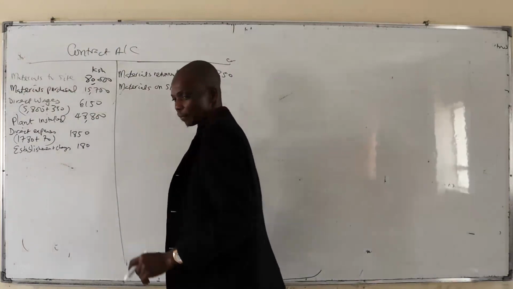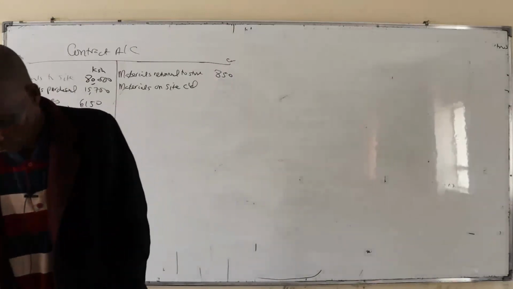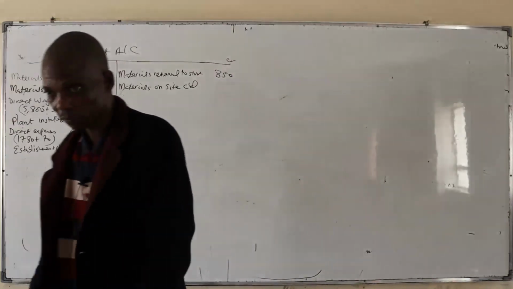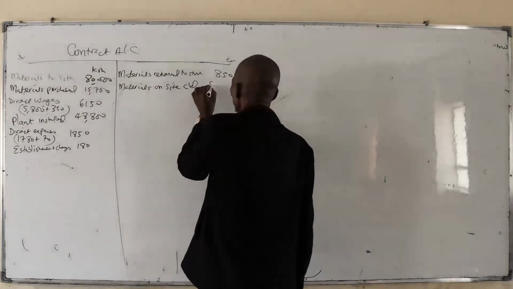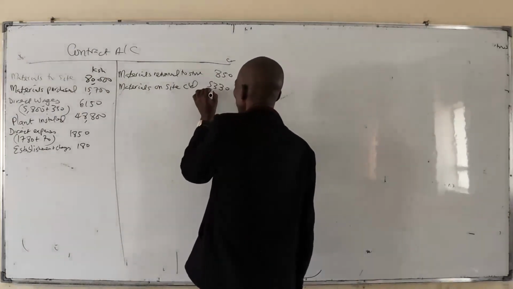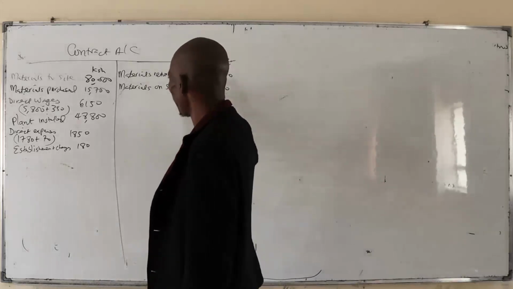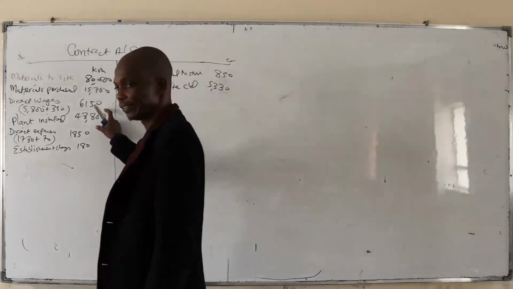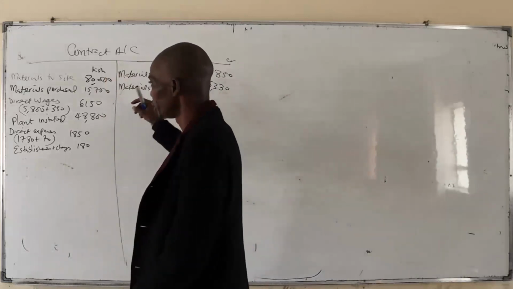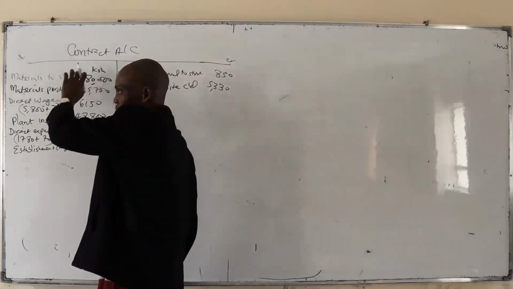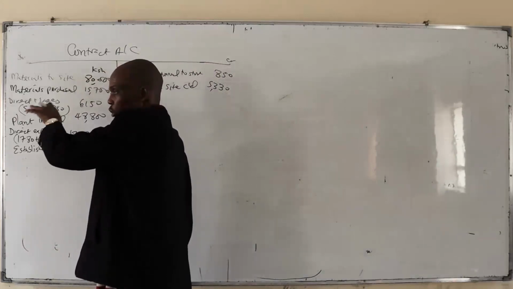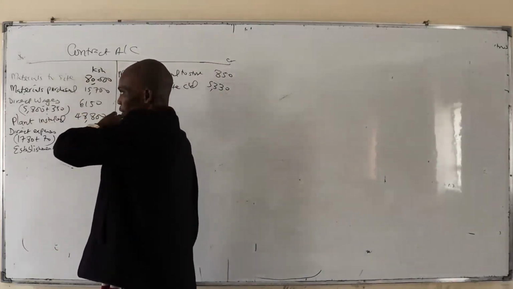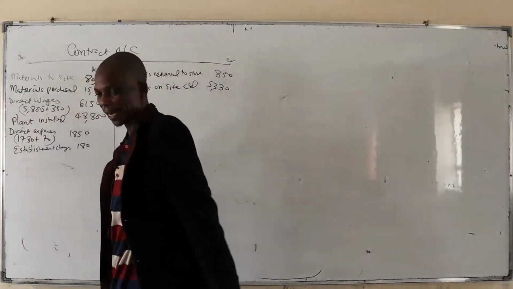In December, this is 53.30. Understand why we are crediting it: these materials did not benefit this contract this year. By crediting, you are removing them from the materials that were bought locally for the contract or issued from the head office to that particular site.